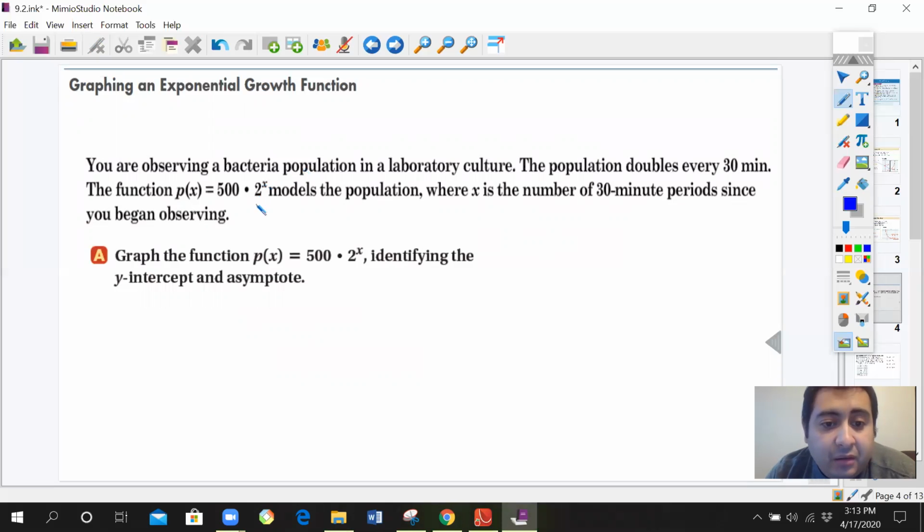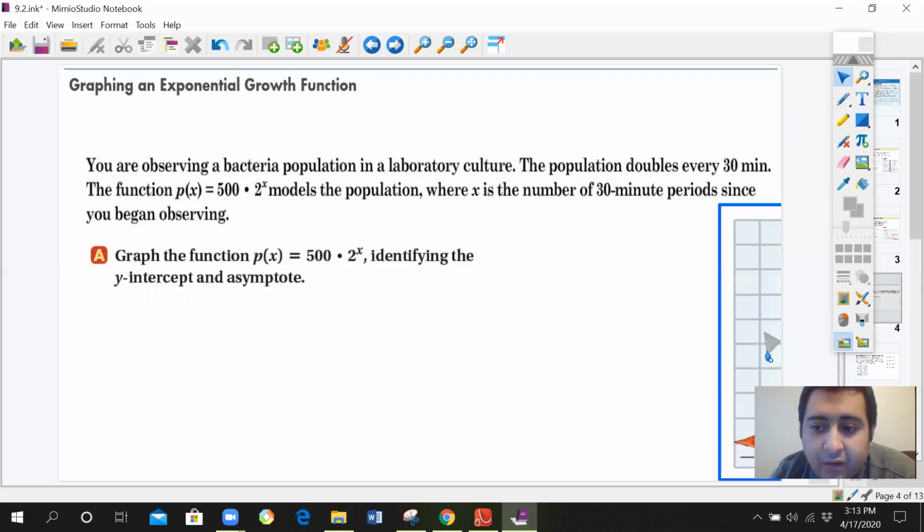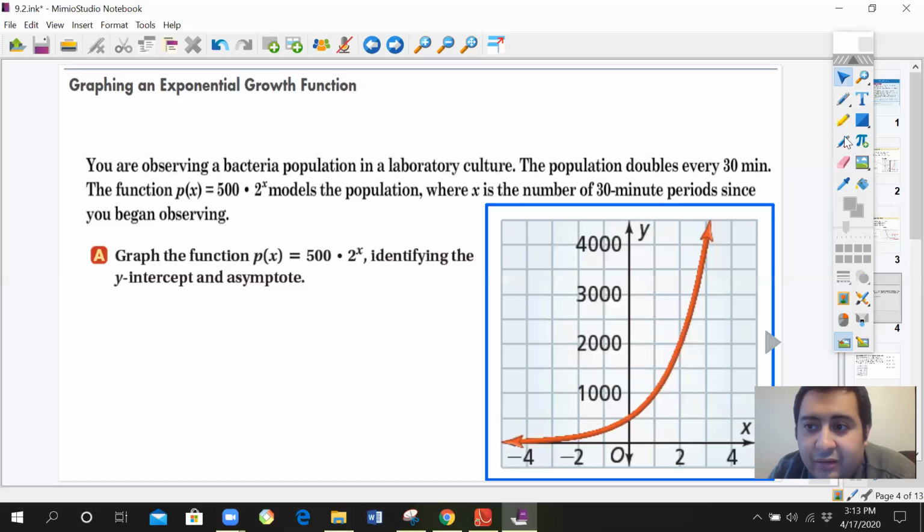Graph the function P of x equals 500 times 2 to the power x. Identify the y-intercept and asymptote. Okay, so if we graph this based on last section, 9.1, we get a graph something like this.